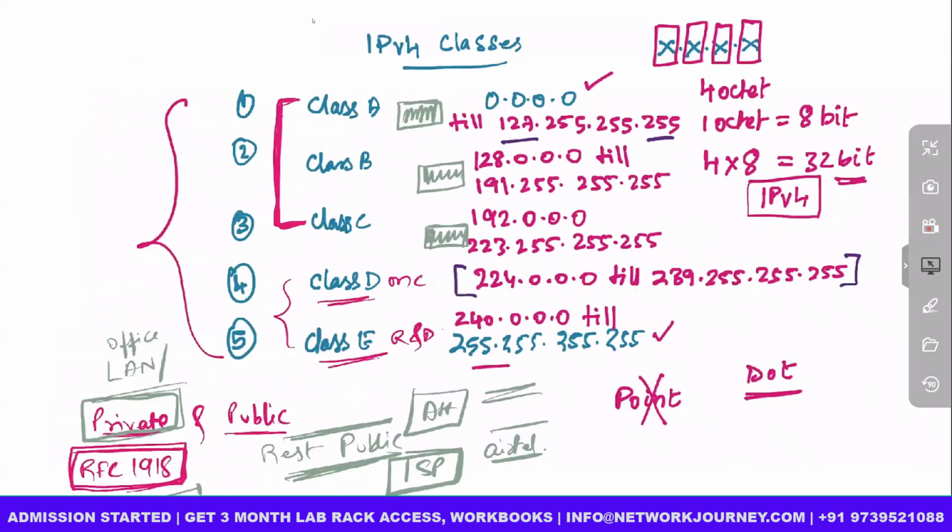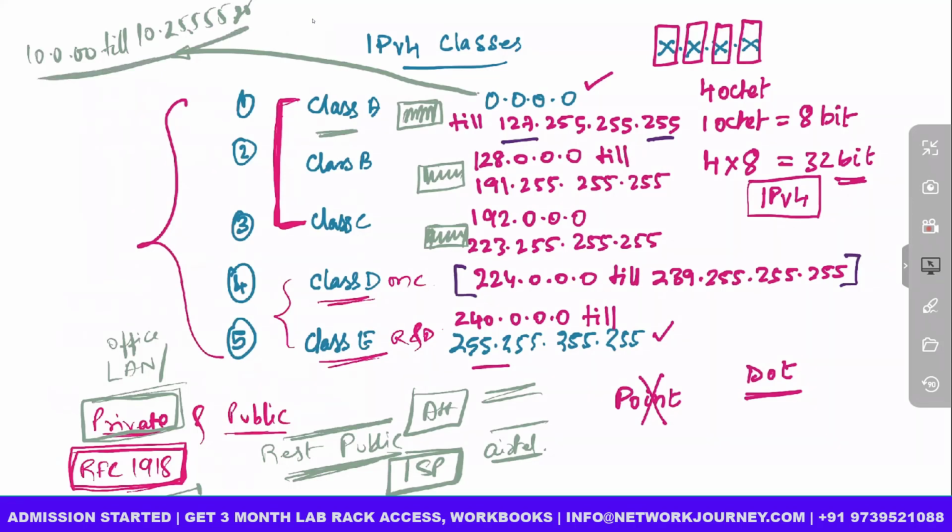See here, if you consider class A, the complete block starting with 10.0.0.0 till 10.255.255.255 belongs to this range. Out of the whole range, a complete wider block remains in that.